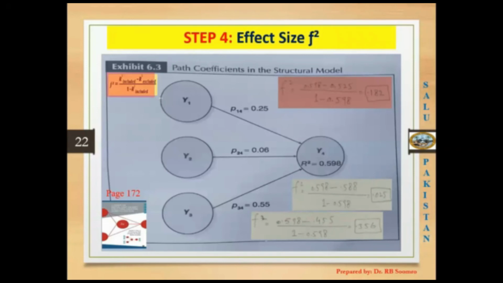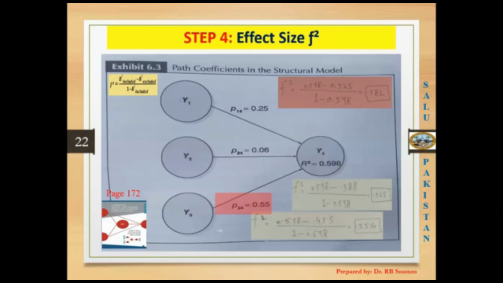This is our formula. According to this formula, I have calculated all these F squares in this model. I have taken this image from page 172 of this book, and this is the F square for the first one. Its value is 0.12182. This is 0.205, and this is 0.3. Now, if you compare all of these, this one has the highest F square.